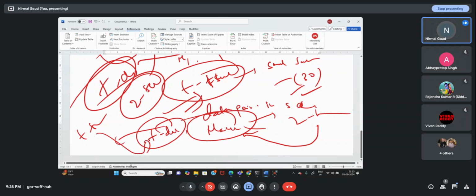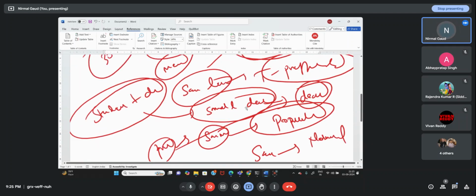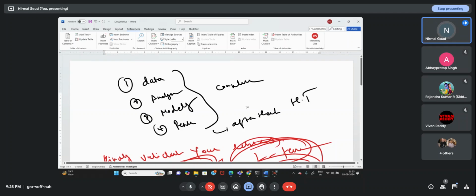Distribution is everything, data distribution is important, so accordingly they have told. We mostly follow the t test, however the z test, z statistic, is also there.